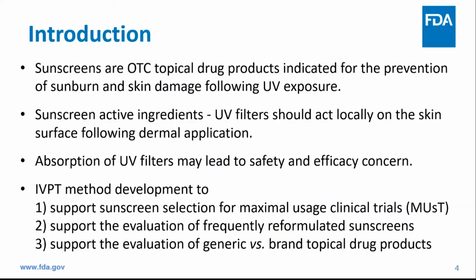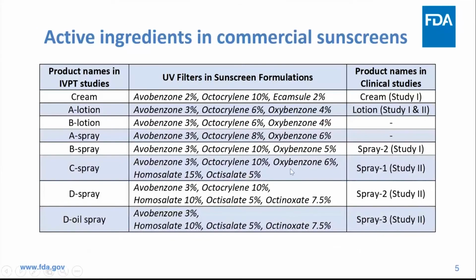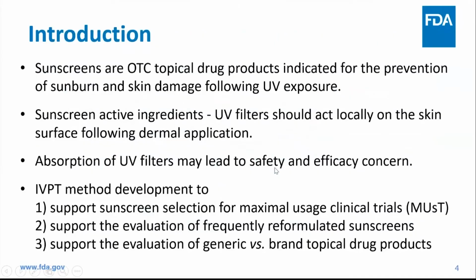So we aim to develop IVPT for sunscreens to first support sunscreen selection in the maximum usage clinical trials or MUsT studies, or support the evaluation of frequently reformulated sunscreens. And also, if the method is successful, it may also be applicable to evaluate generic versus brand topical drug products.